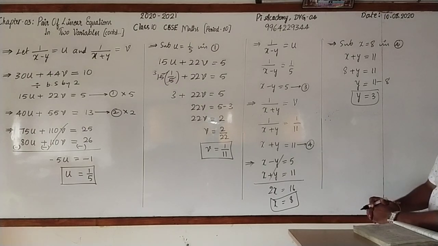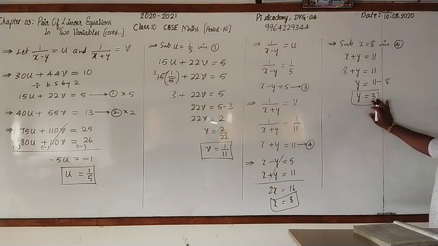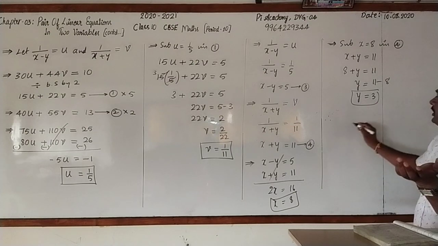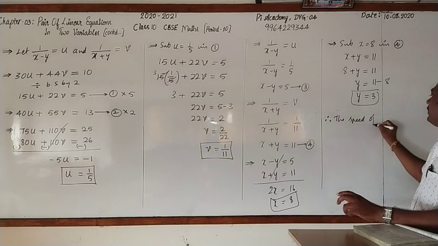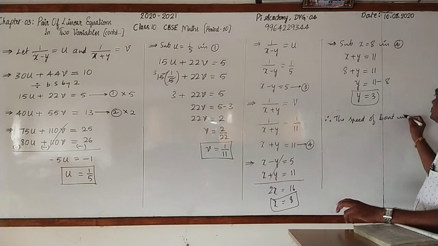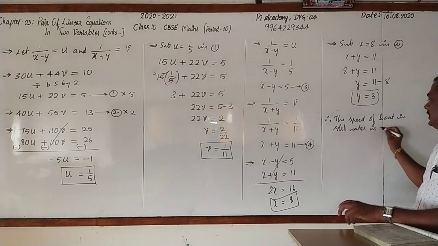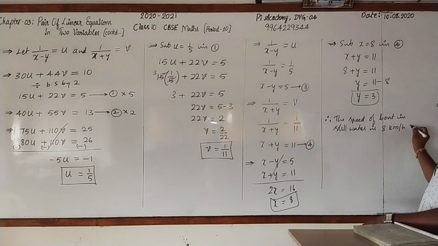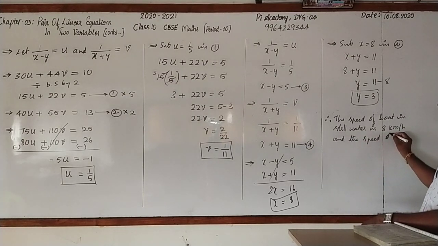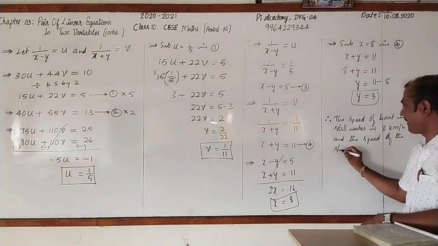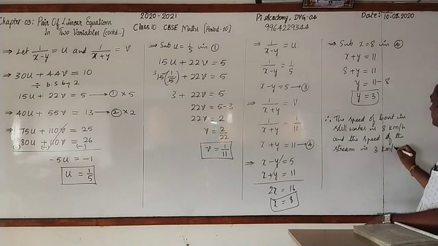So we can write, what does X indicate? X is the speed of the boat in still water, and Y is the speed of the stream. We can write the conclusion as: therefore, the speed of the boat in still water is 8 km per hour, and the speed of the stream is 3 km/h.